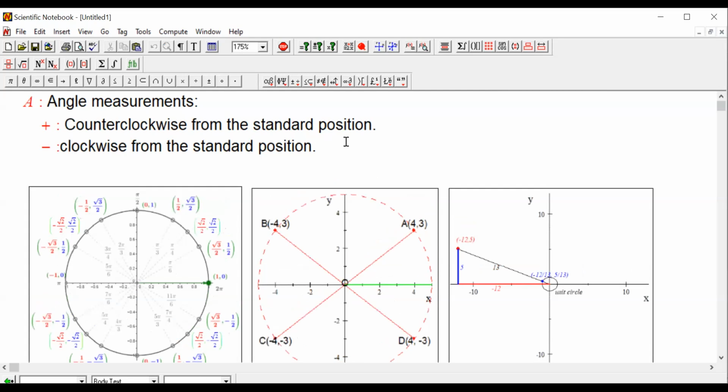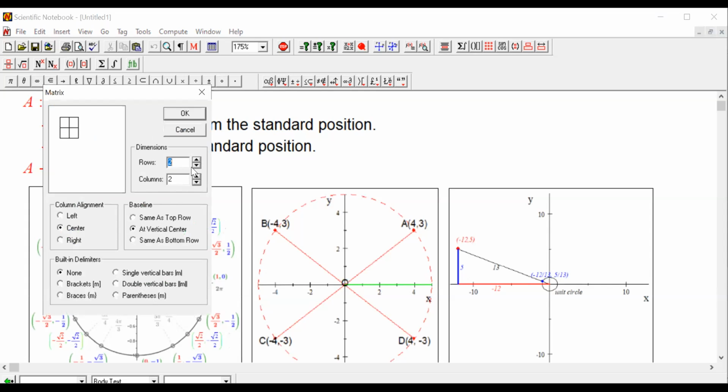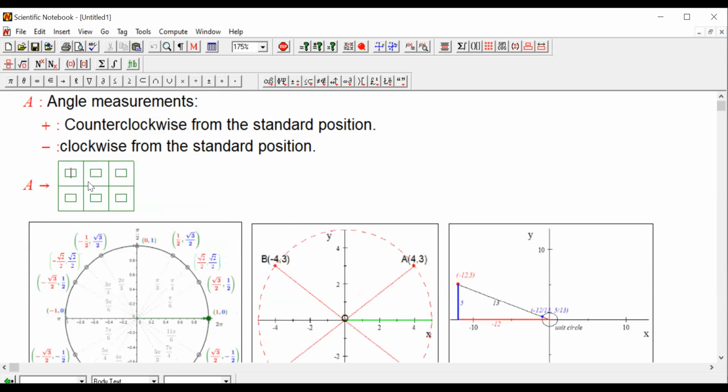Okay, so what are A for, right? A are the inputs to the 6 functions, okay, to the 6 functions. So I'm going to bring these 6 functions this way. One more column, right? These 6 functions include sine, right?